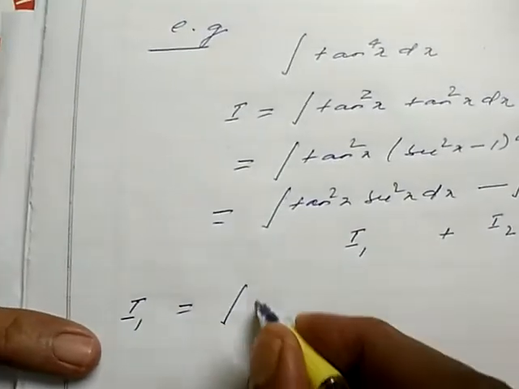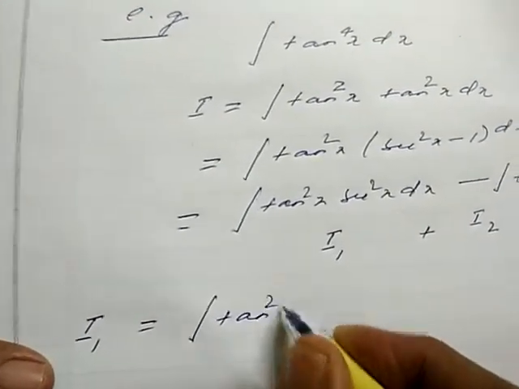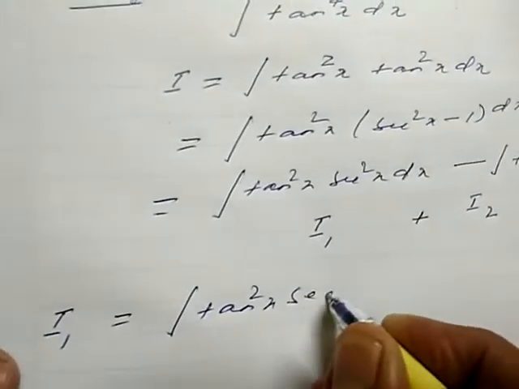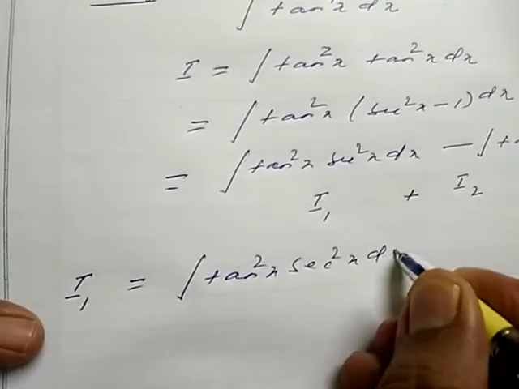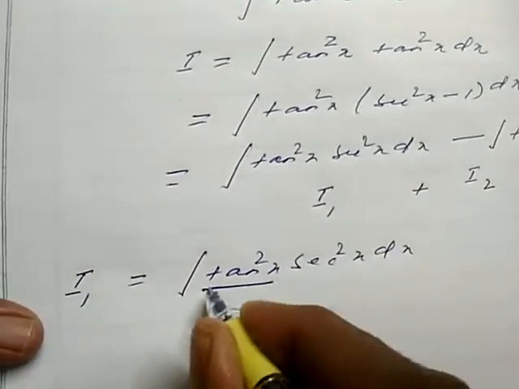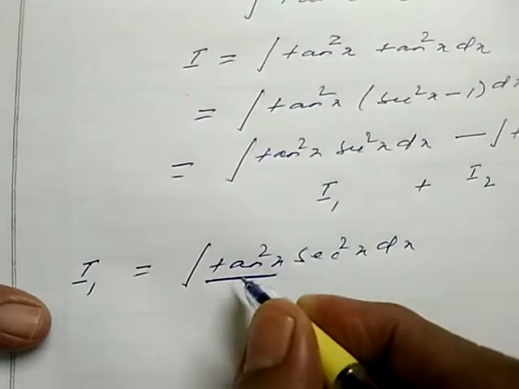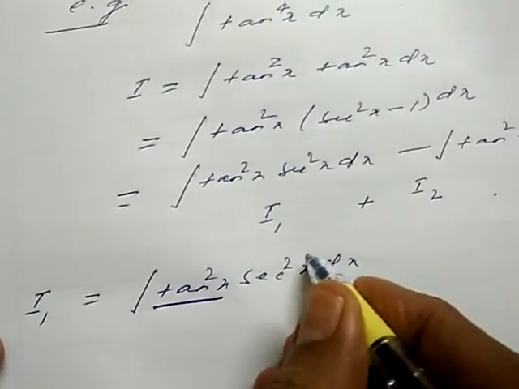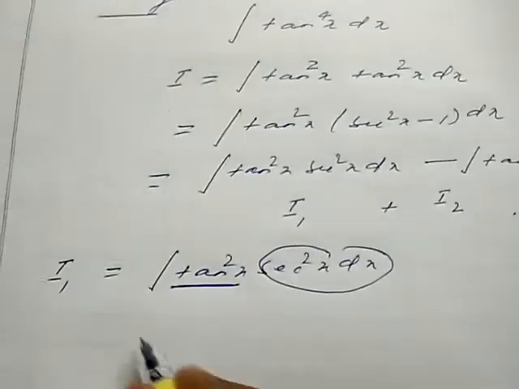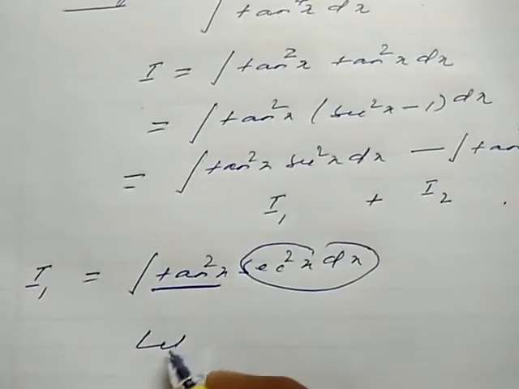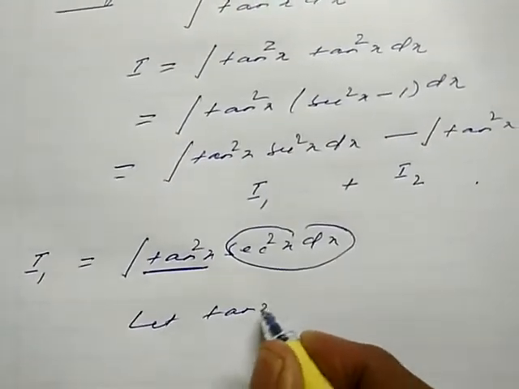Here it is tan square x into sec square x. And here direct substitution is feasible, because when you put tan x, we will have its derivative sec square x with the dx. So I am putting here, let tan x equal t.